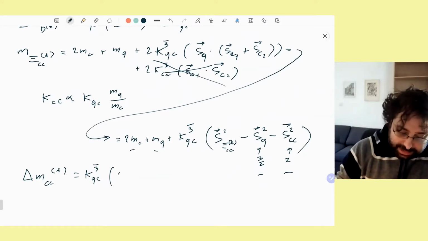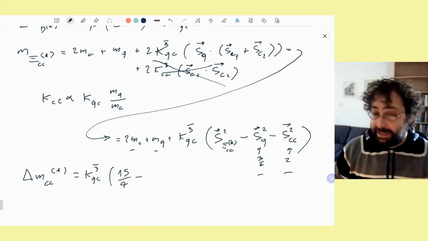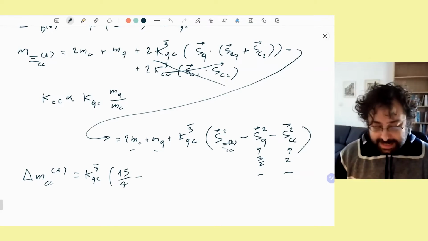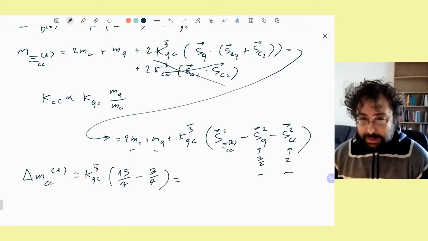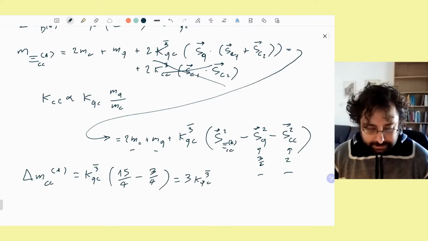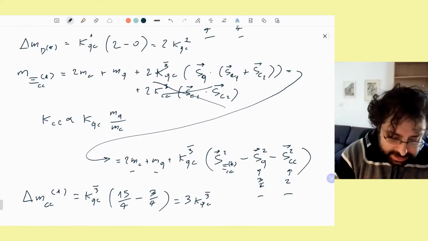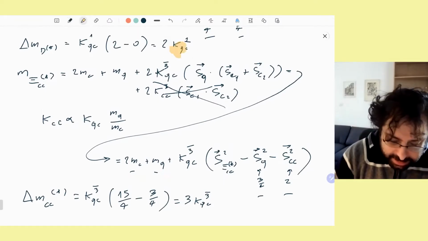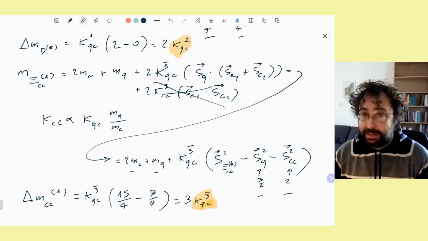So here you are going to get 15/4 minus, the ground state cascade CC is spin 1/2, so you're going to get another 3/4 here. Okay, so this difference is 3 K_QC in the 3-bar. So you see it's almost the same as this splitting here. Not exactly the same, because here you have the singlet and here you have the 3-bar.